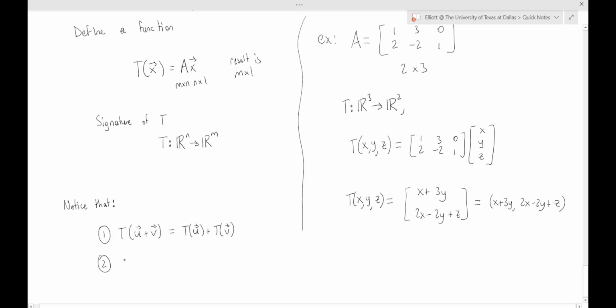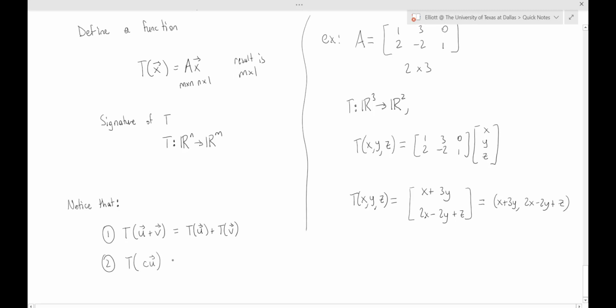Then it also satisfies T of cu, where c is a scalar multiplying vector u, is equal to c times T of u. So you can pull the scalar outside. Of course, these are basically a restatement of the properties of matrix vector multiplication that I mentioned just a little while ago. This is just reflecting that matrix vector multiplication is distributive. And here, again, this is just saying you can pull the scalar out to the front.